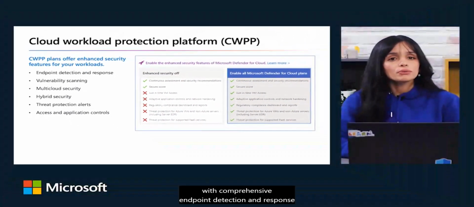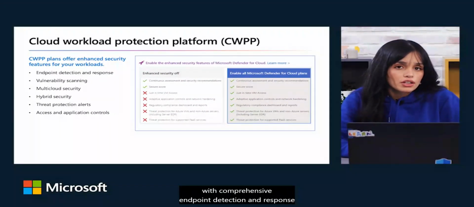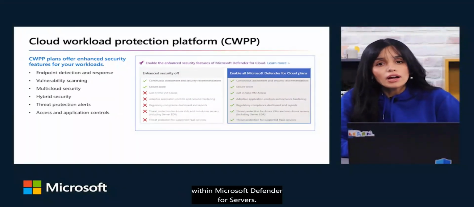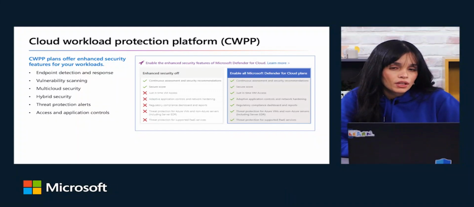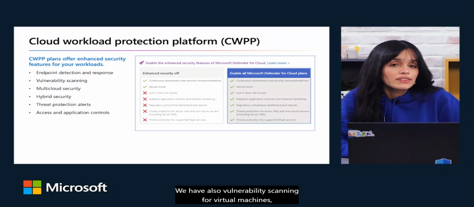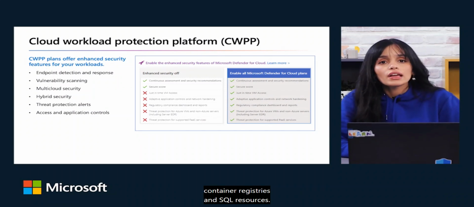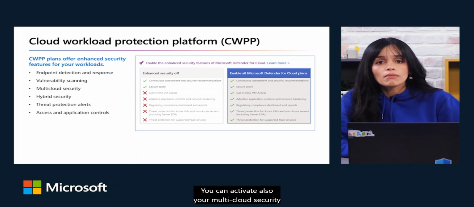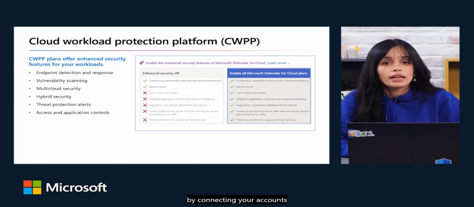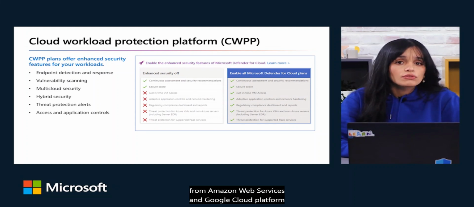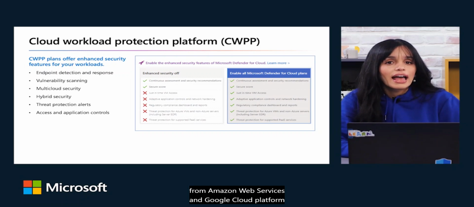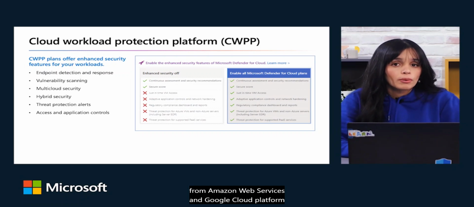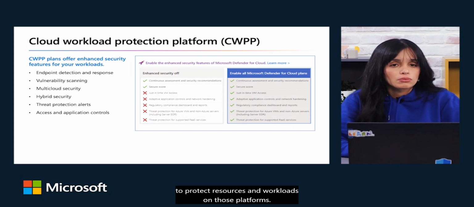First, it provides you with comprehensive endpoint detection and response within Microsoft Defender for Servers. We also have vulnerability scanning for virtual machines, container registries, and SQL resources. You can also activate multi-cloud security by connecting your accounts from Amazon Web Services and Google Cloud Platform to protect resources and workloads on those platforms.